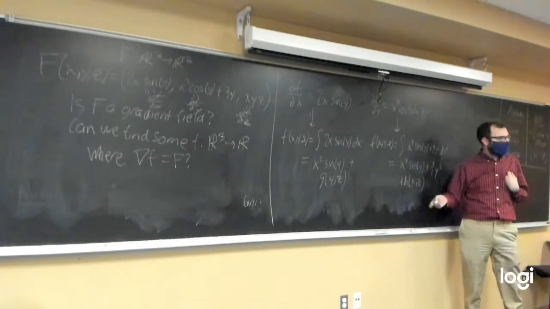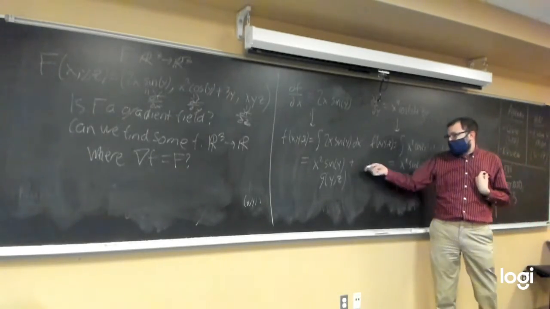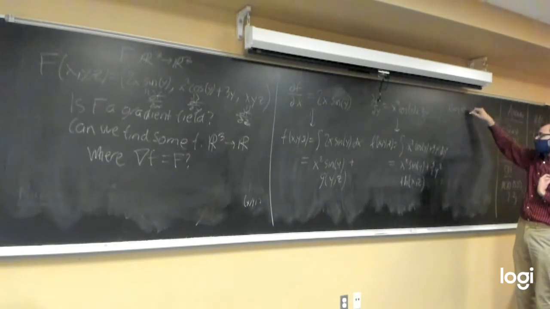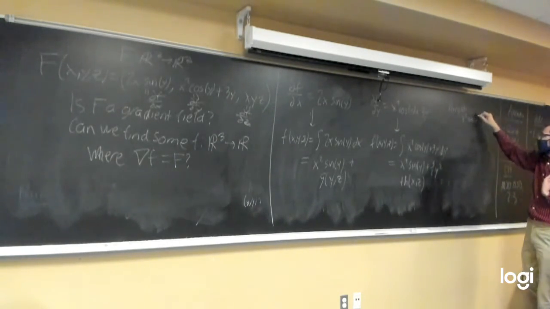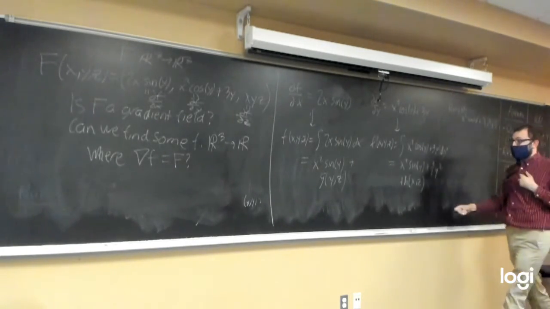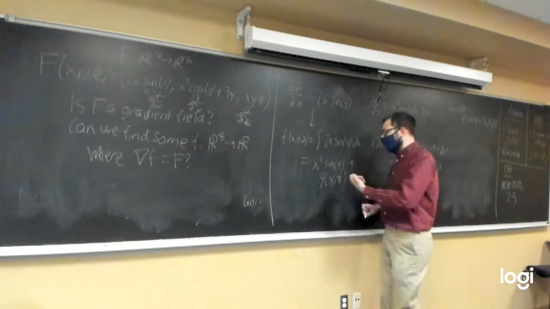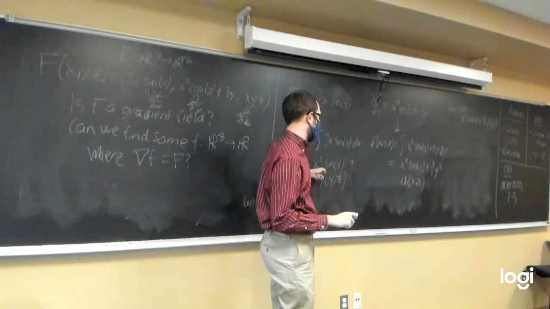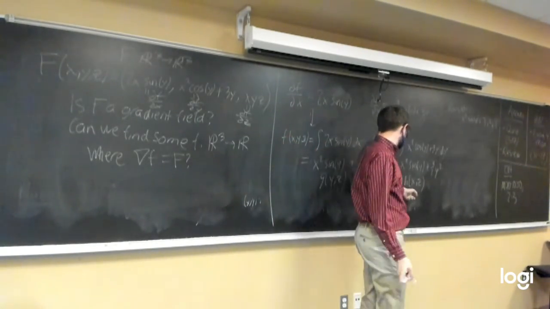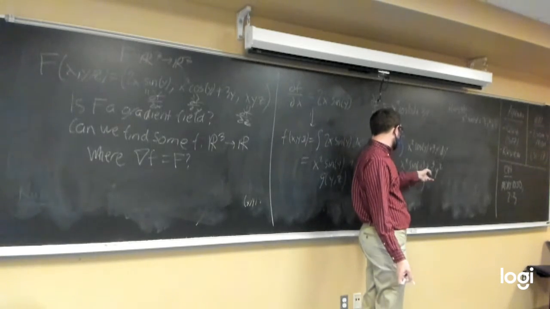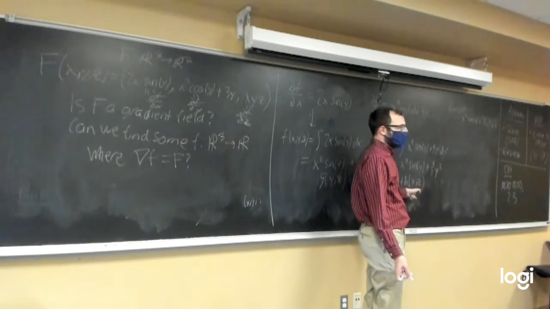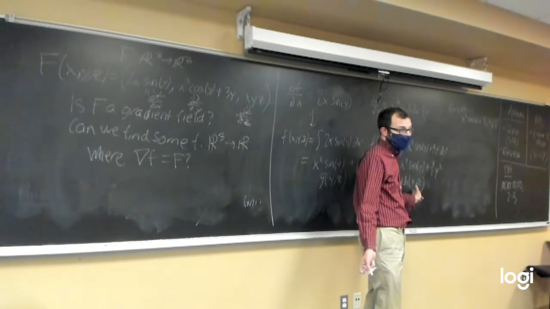But honestly, I think everything so far is okay, because if, for instance, we had something like f of x, y, z is x squared sine of y plus 3 halves y squared plus 1, that would be a function that would look like this, meaning its only x term is an x squared sine of y term, and everything else is just y's, z's, and constants. It would also be a function that looks like this, where the only y terms are x squared sine of y plus 3 halves y squared, and everything else is just x's, z's, and or constants.